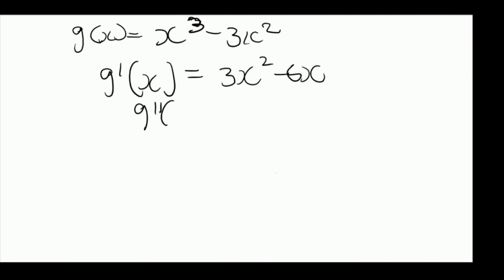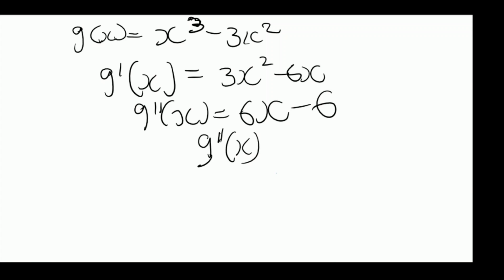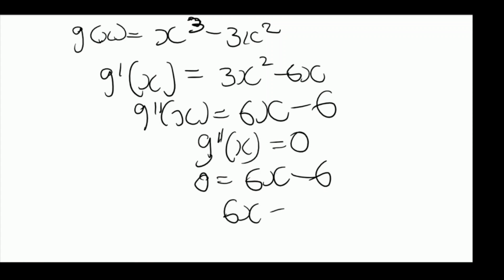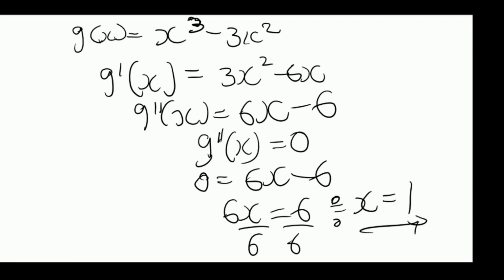The second derivative is equal to 6x minus 6. So we first find the point of inflection. We equate to 0, then 0 is equal to 6x minus 6. Transpose the 6 to the other side, you have 6x equals 6. Divide by 6 both sides, so therefore x is equal to 1. This is the x value of the point of inflection, right? We're going to use it to interpret the concavity.